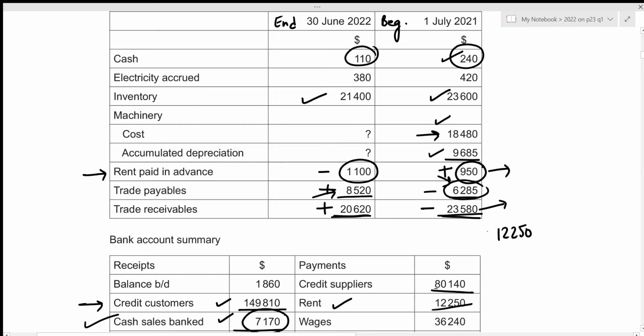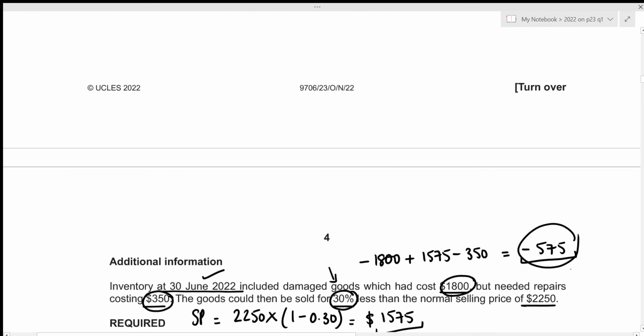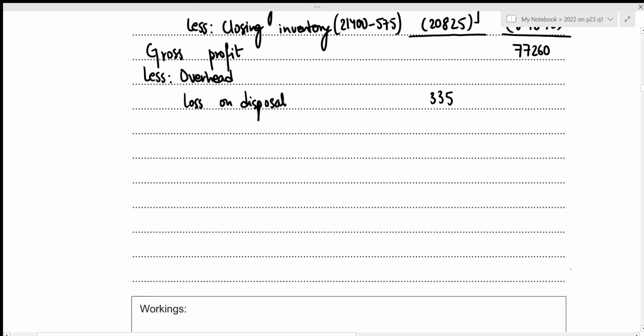Then we need to add the rent paid in advance previous year, so that's plus 950. And we need to subtract the rent paid in advance for this year, so that's minus 1100, which gives the total rent to be included in our income statement to have the amount of 12,100. Let's include this in our income statement. So that will be rent of 12,100.